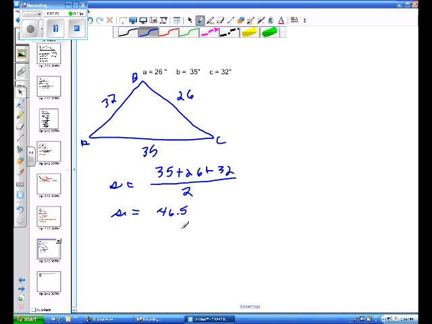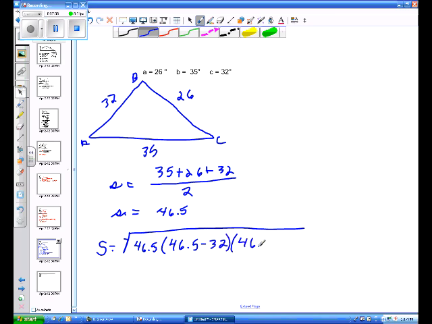But that's why I wanted to do this problem, was so that you know that you don't round off on your semi-perimeter. So we have 46.5 times 46.5 minus 32, 46.5 minus 26, and 46.5 minus 35.